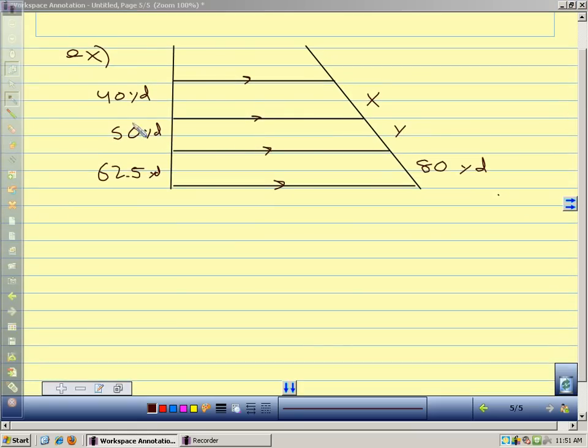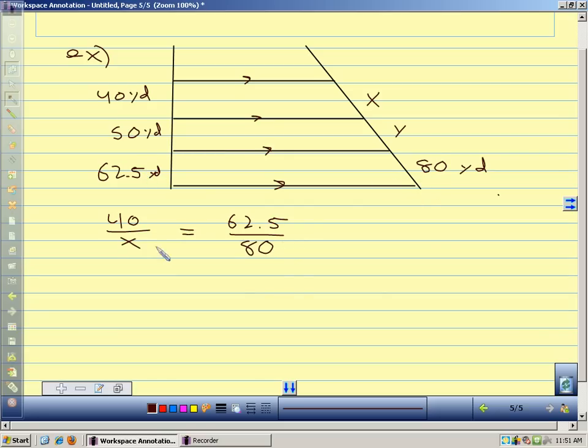So I'm just going to pick the easy one here. I'm going to say that 40 divided by X, this part divided by this part, equals 62.5 divided by 80. I just have that one and that one.